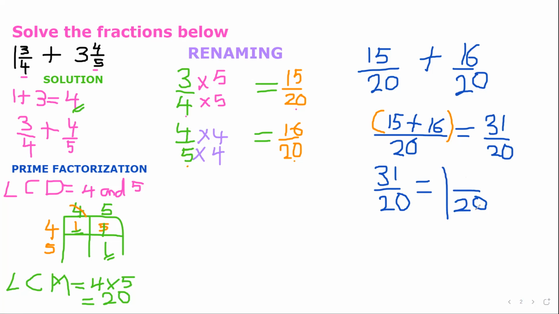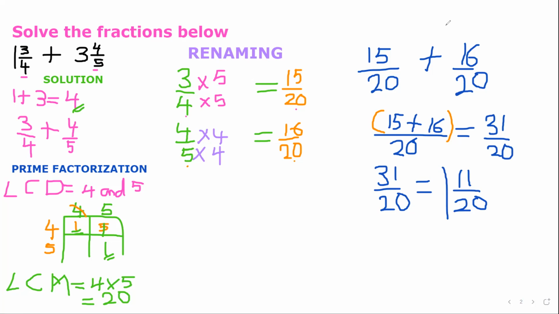Okay. Then what will be left in order to get 31 here? So 20 times 1 will be 20, plus what will be plus 11. Here will be 31. Okay, good. So we have 1 whole number, 11/20.